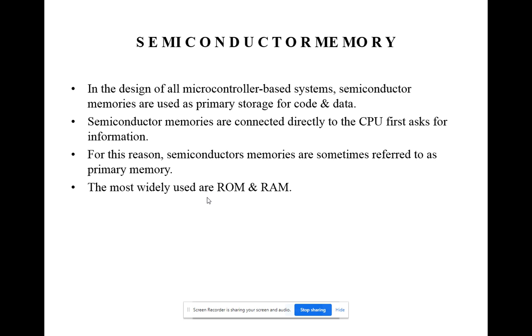For this reason, semiconductor memories are sometimes referred to as primary memory. You can directly fetch from the CPU to get the information, and that's why it's called primary memory. The most widely used semiconductor devices are ROM and RAM, which are made up of semiconductors only.